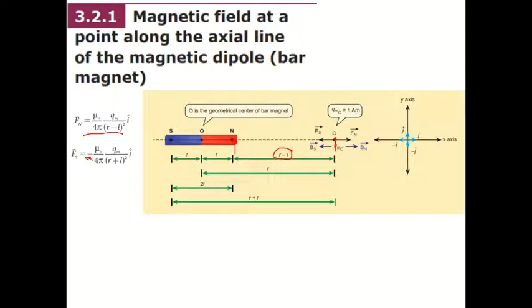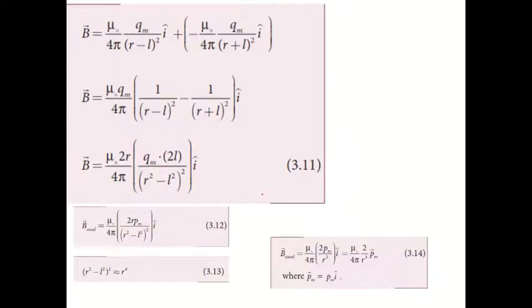The distance between the south pole and point C is R plus L. That's why they have given a minus, because it is repulsive. Minus mu naught by 4 pi into Qm by R plus L the whole square into i vector. Mu naught is the permeability in air. Now add both the forces.